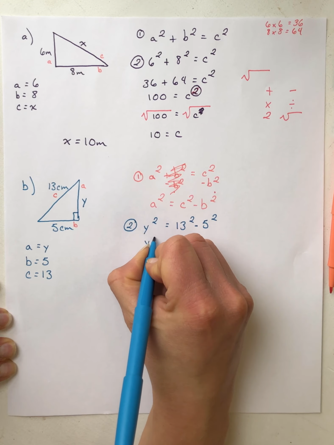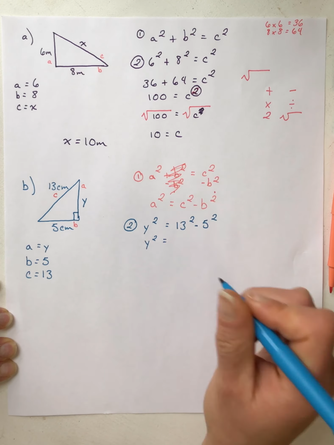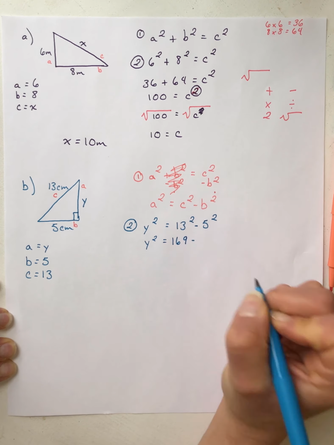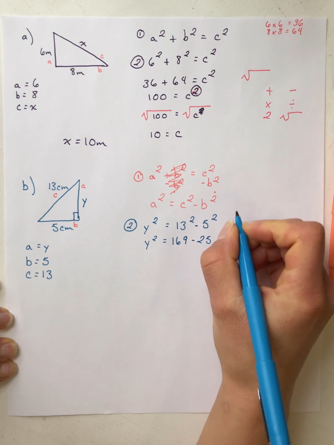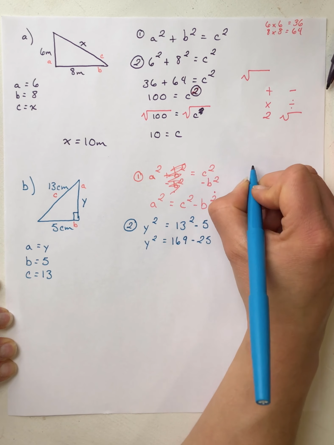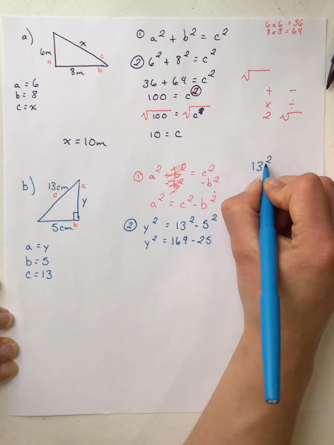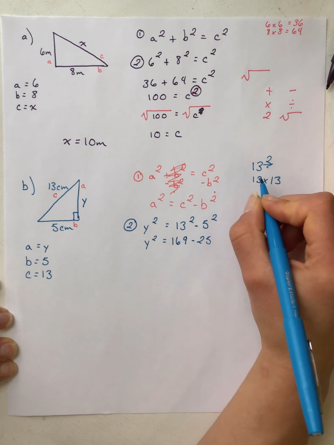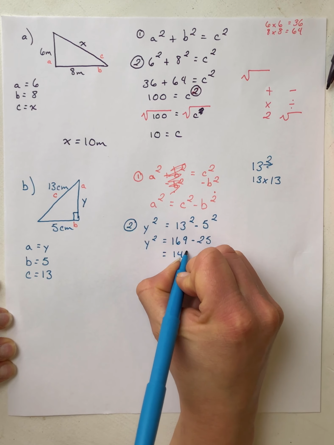And then my y squared equals 13 squared is going to give me 169, and 5 squared, when I put that in my calculator, gives me 25. Because remember, we can literally put it in our calculator as that, and it'll give us the answer. But what this squared means is 13 times 13, and 5 times 5. Okay, so then when I do that, I get 144.